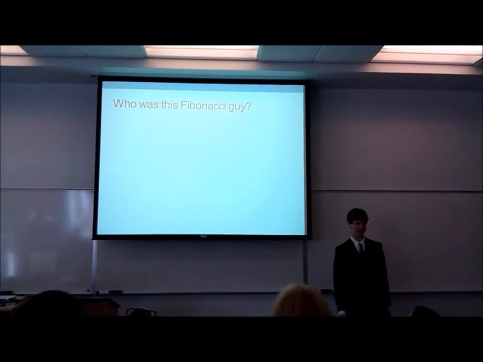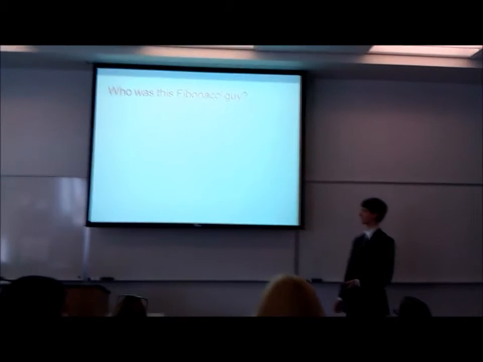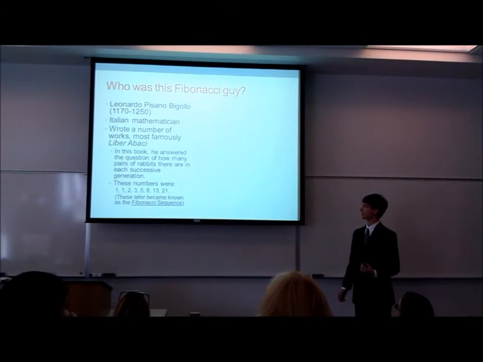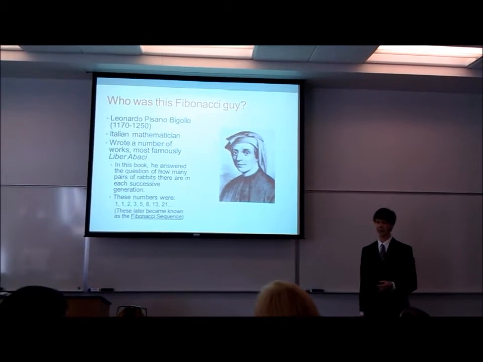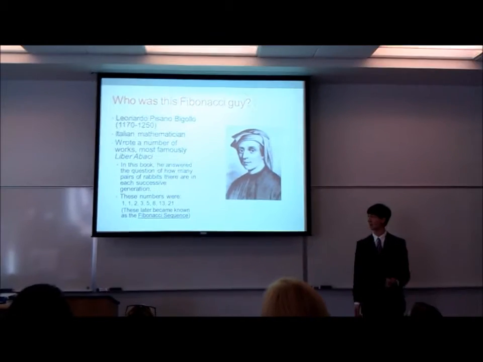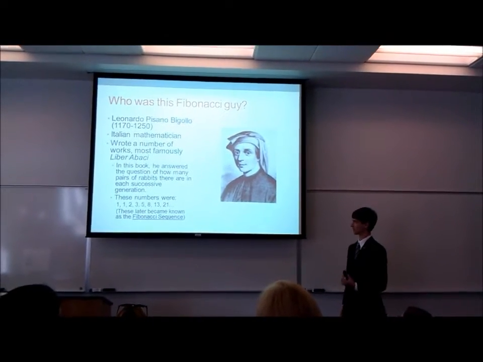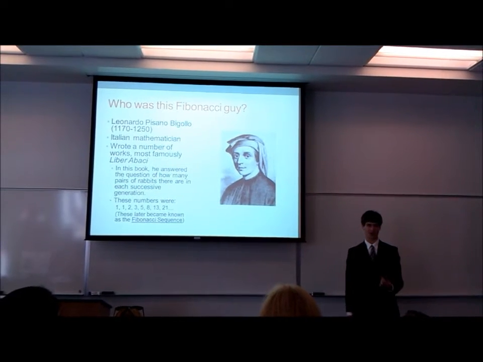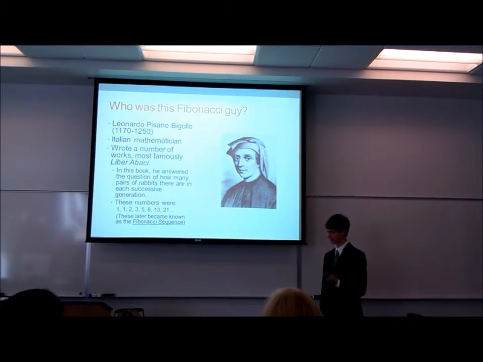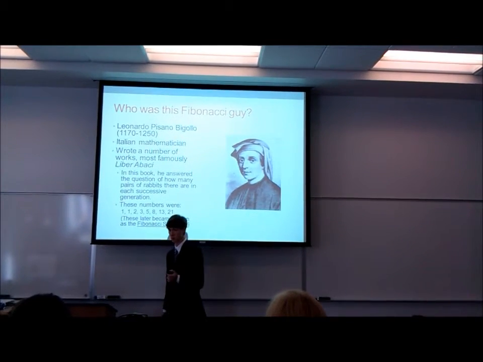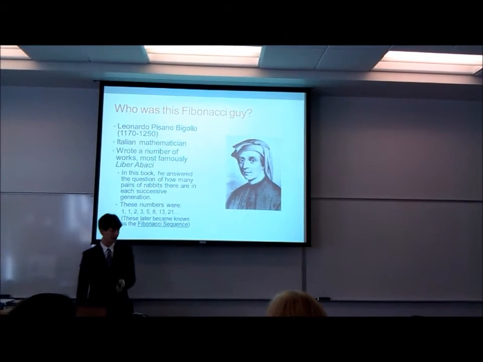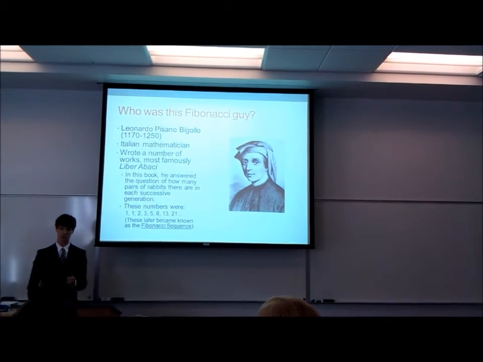Now, who was this Fibonacci guy? Why did they name an entire sequence after him? His real name was Leonardo of Pisa. He was an Italian mathematician, and he wrote a number of books about math, probably most famously Liber Abaci, the book of calculation. In this book, he was using the Indian numeral system, the numbers we use today, while at this time people were still using Roman numerals.